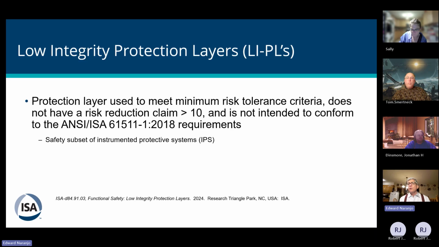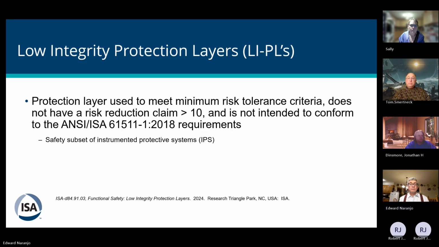It says you have to meet at a minimum what is required under the new standard, and the fact that you put it with a BPCS doesn't allow you to claim more than that, and that is to prevent people from trying to circumvent having an SIS.